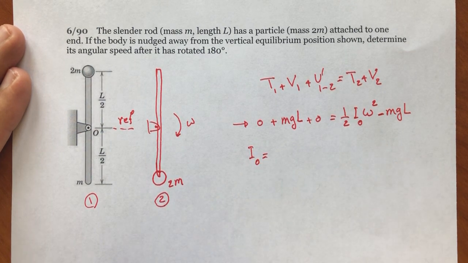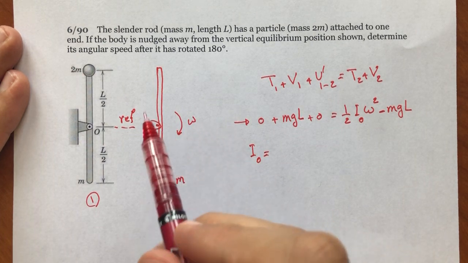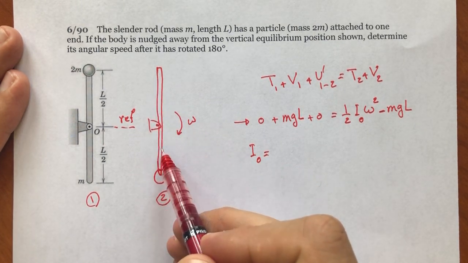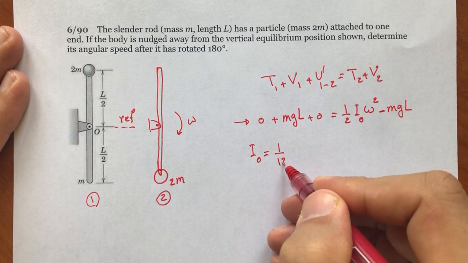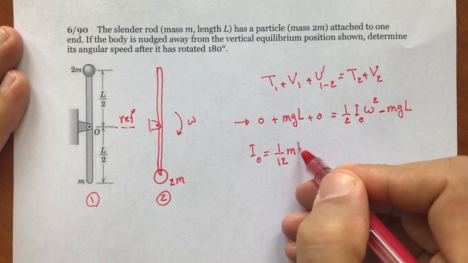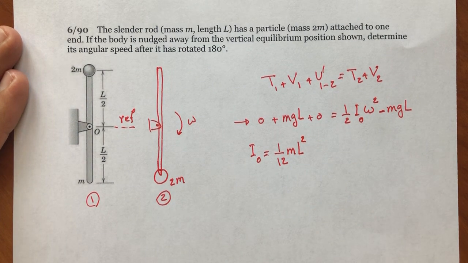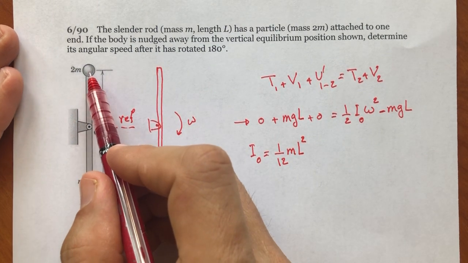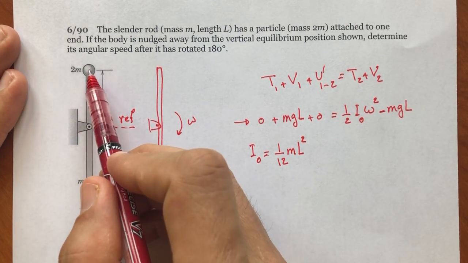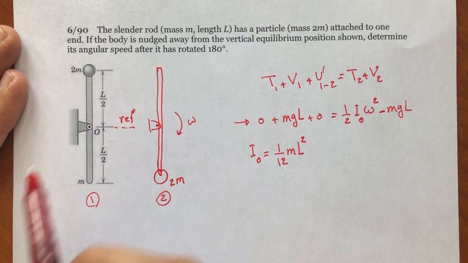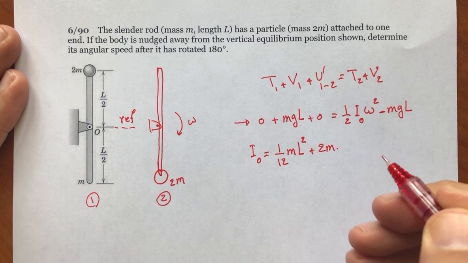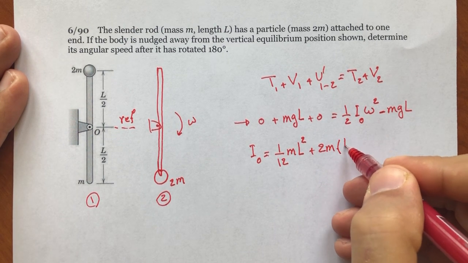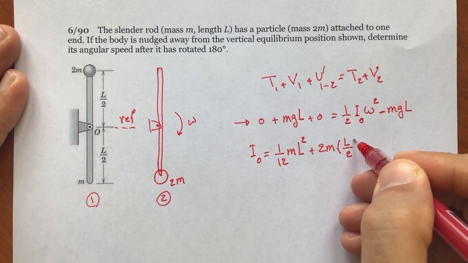What is IO? I has two parts. For the bar itself, of course, I about O is going to be 1 over 12 times its mass times its length squared. For this lumped mass, it's going to be the mass times distance from O squared, so 2m times (L over 2) squared.